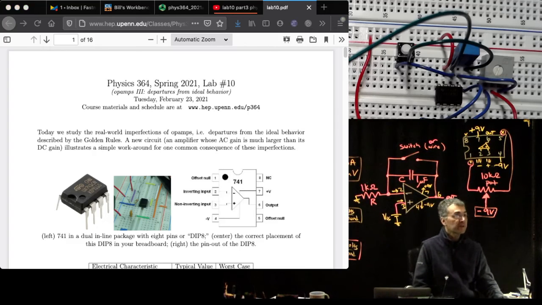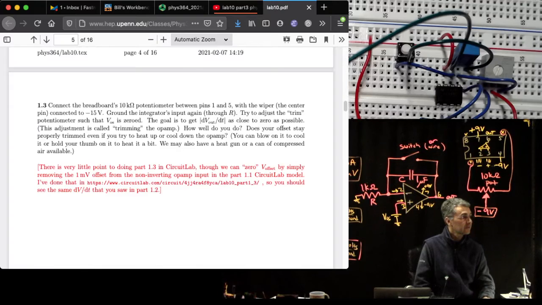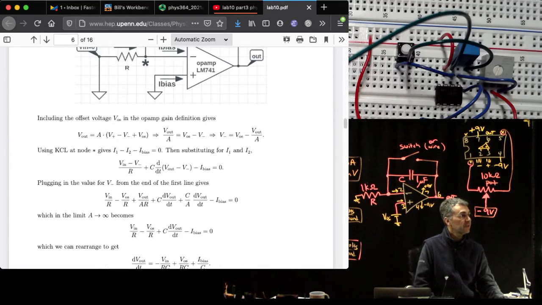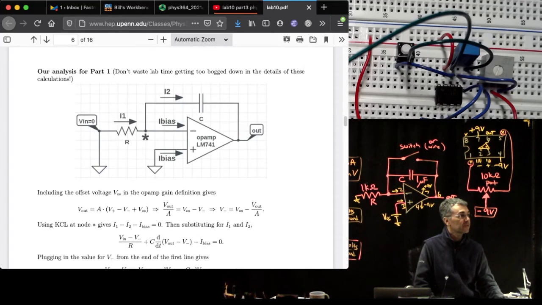Just be aware, here is the lab10 PDF handout, and if we go to page 6, you don't necessarily have to follow all this, but here's my analysis for part 1.